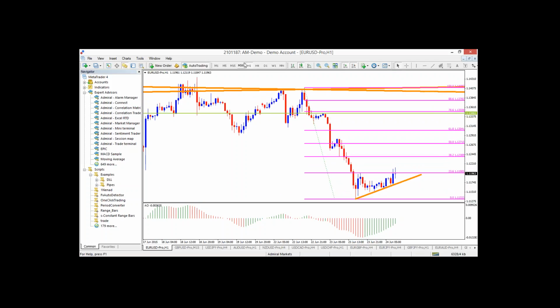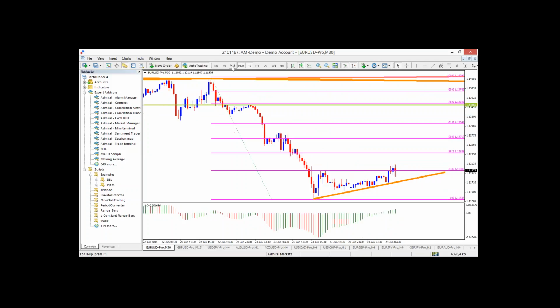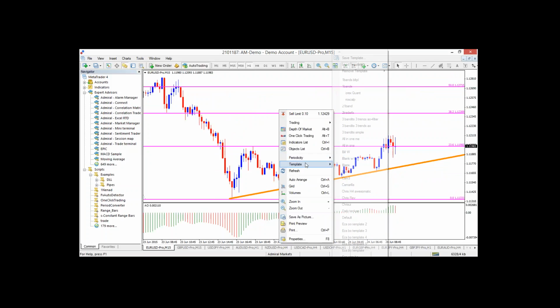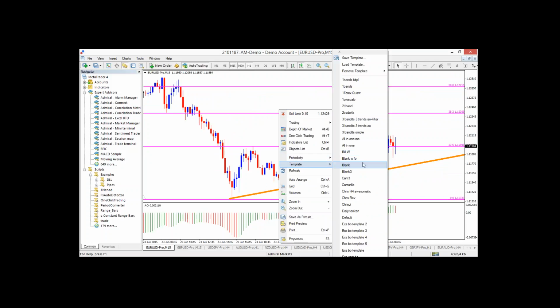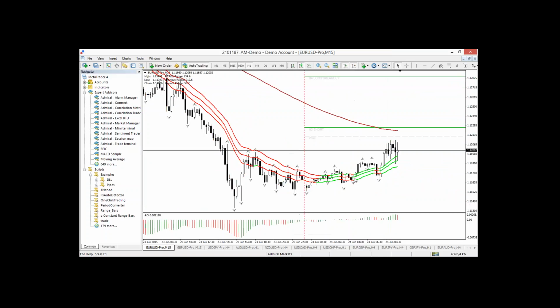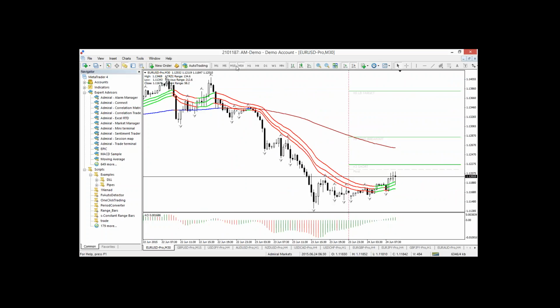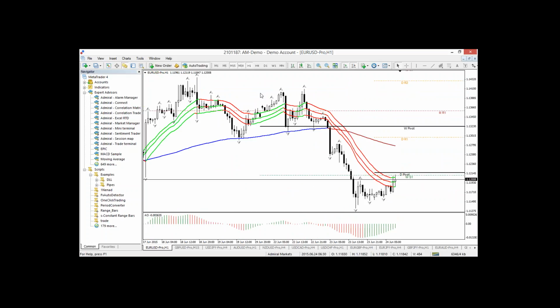So from that perspective, let's take one more zoom down lower to the 15. Let me quickly count the hour bars here, one second. 16 hours.